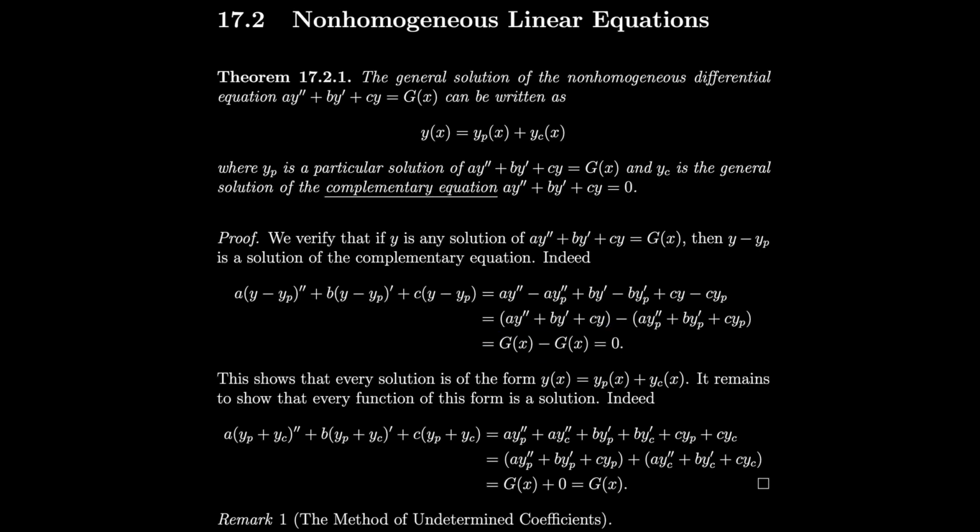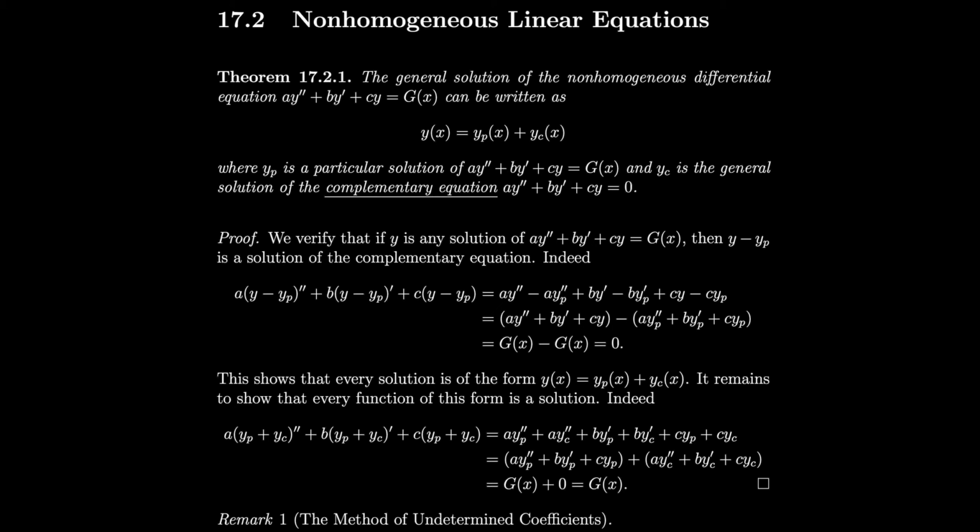So it turns out, yes, if y is the general solution to the non-homogeneous differential equation and yp is a particular one, then we'll end up with g of x minus g of x equals 0, so y minus yp will be a solution of the complementary equation. Okay, but this only shows that if there is a solution, then it must look like y minus yp.